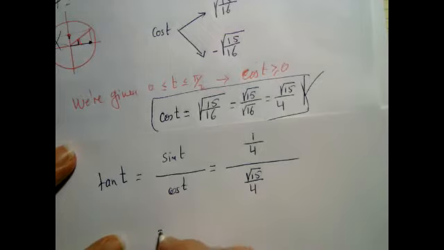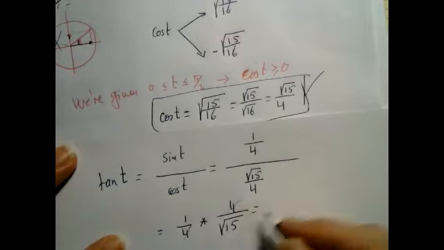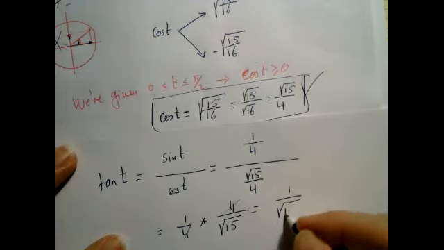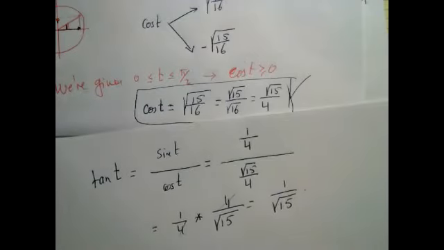Now I use the properties of fractions. So that's 1 over 4 times the reciprocal of that. 4 and 4 cancel, 1 over the square root of 15. And that will give me the tangent. Okay, now if I want the secant, the cosecant, I can find all of them. So let us summarize. Yes, question.